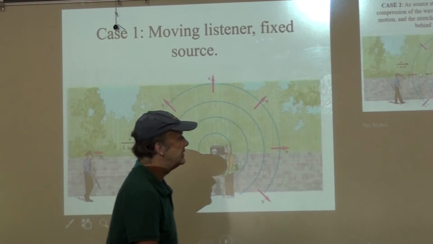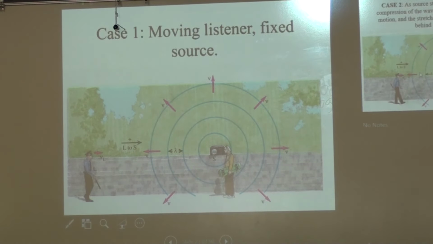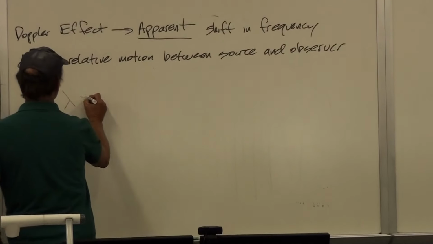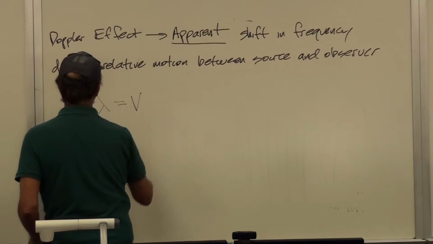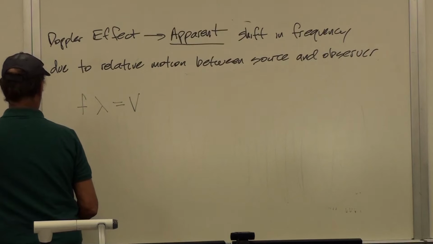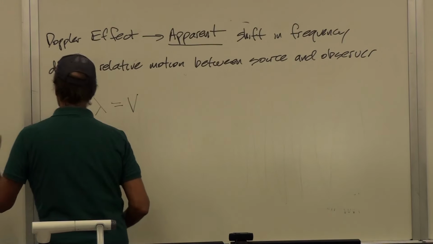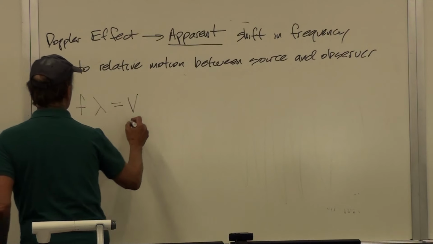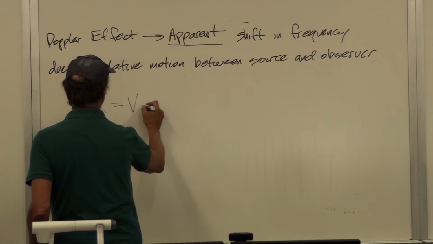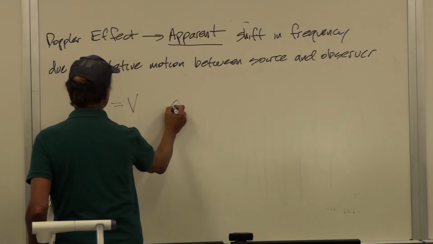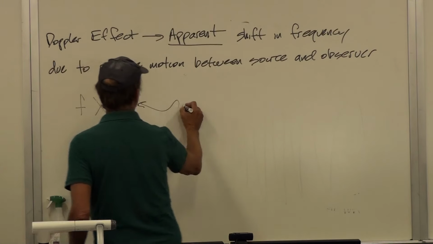And so what that does is increases the frequency. So frequency times wavelength equals wave velocity. And so in this case, as you move toward the observer, the relative velocity increases.